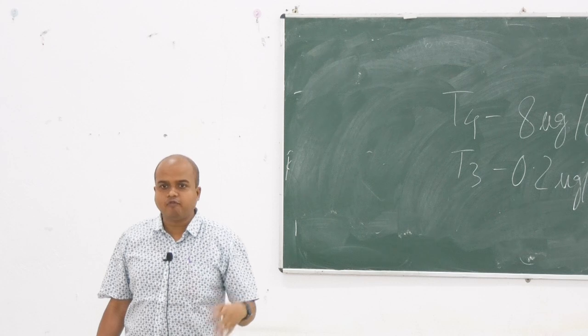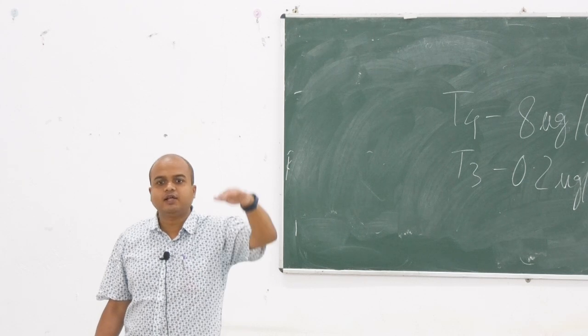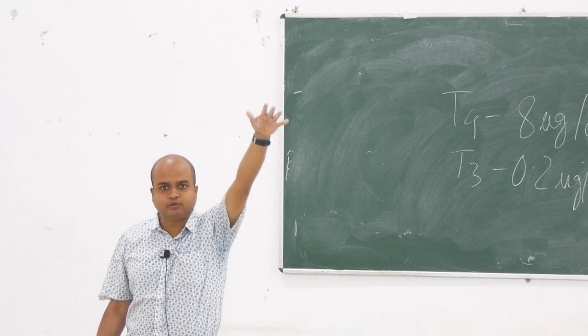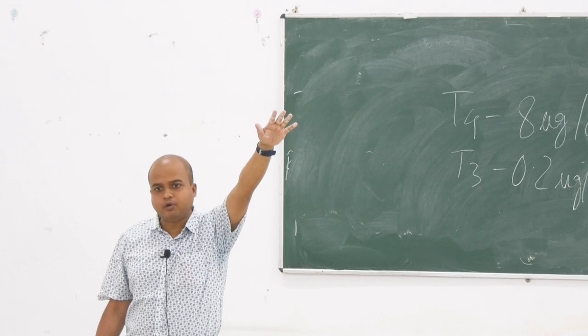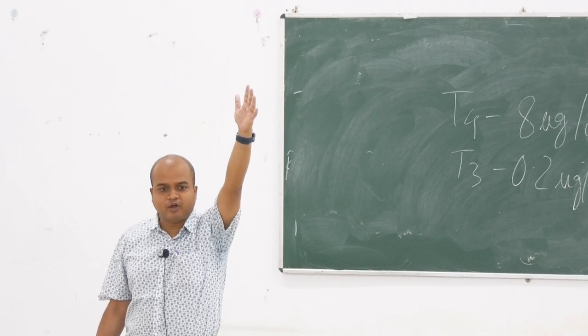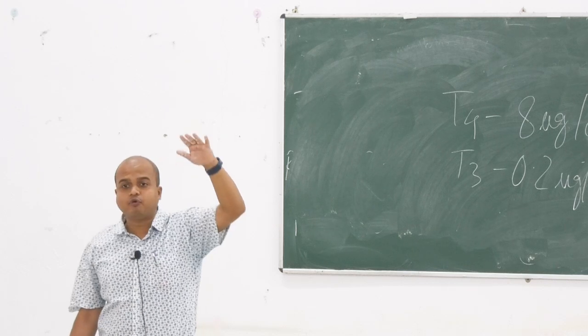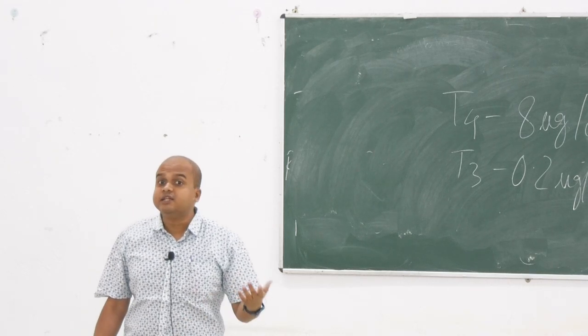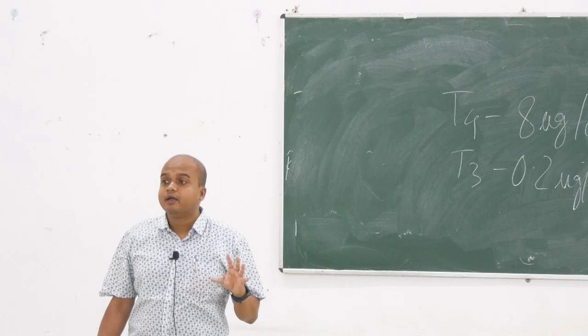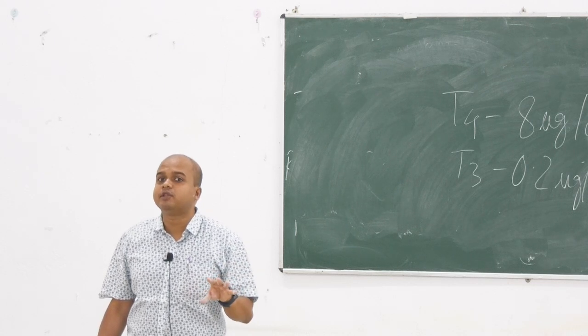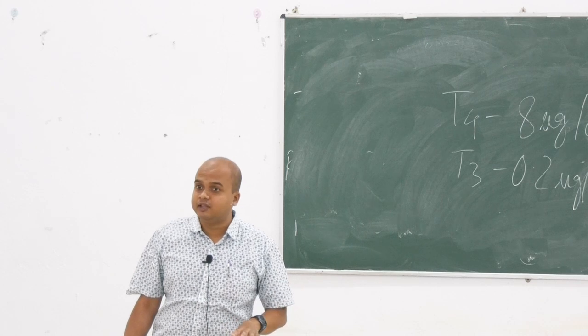Feedback, what is it? You have learned about negative feedback. Whenever the level of a particular hormone increases, it will send feedback to the pituitary, and the pituitary will send feedback to the hypothalamus. So T3, T4 has increased. In the case of thyroid hormones, this feedback depends on the free levels of T3 in the plasma.